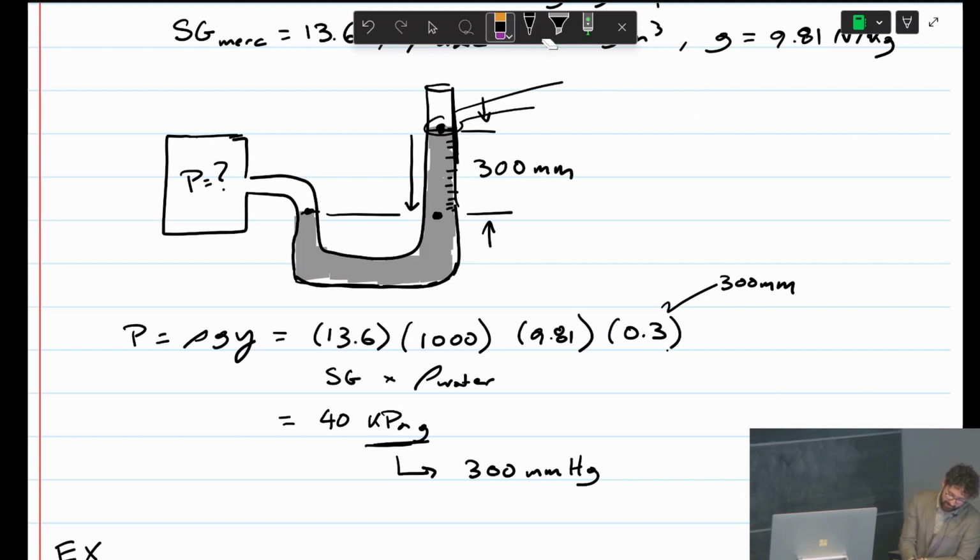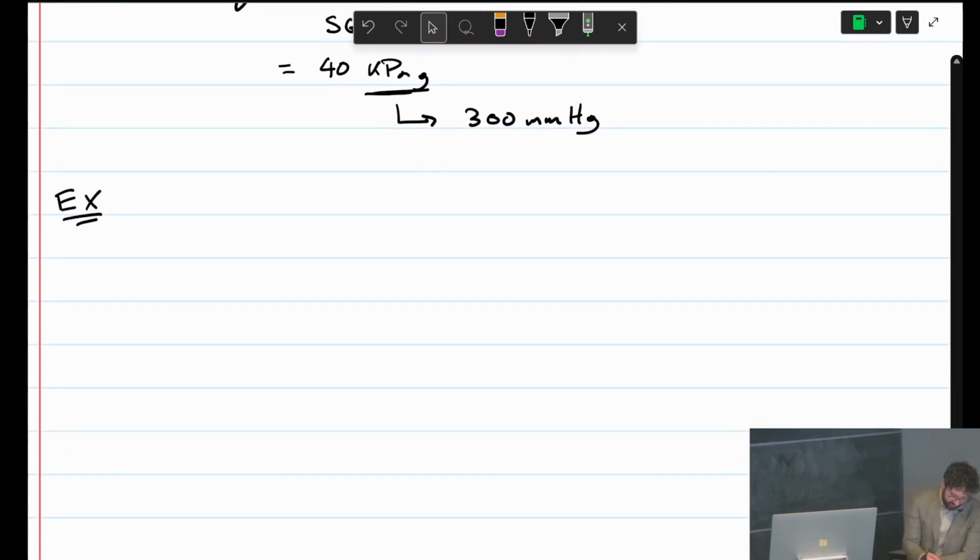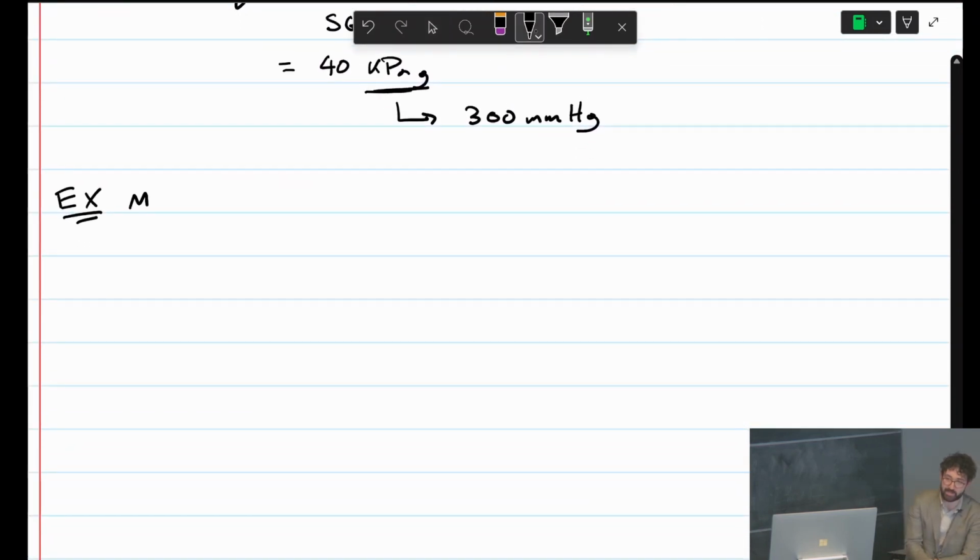So what happens when we incline the manometer? What we're trying to do here is trying to measure a length, right? So in this example, we're going to see why we incline manometers a lot of the time in practice.